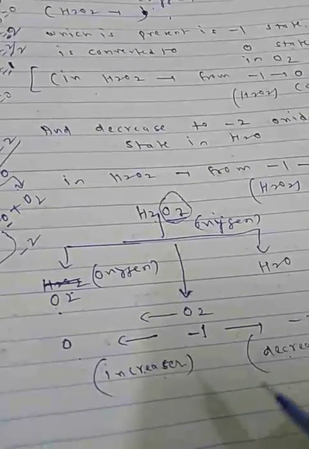So this is a very common example: in H2O2, oxygen increases and decreases simultaneously. This is a special type where the same element of a compound increases and decreases in oxidation state, called a disproportionation reaction.